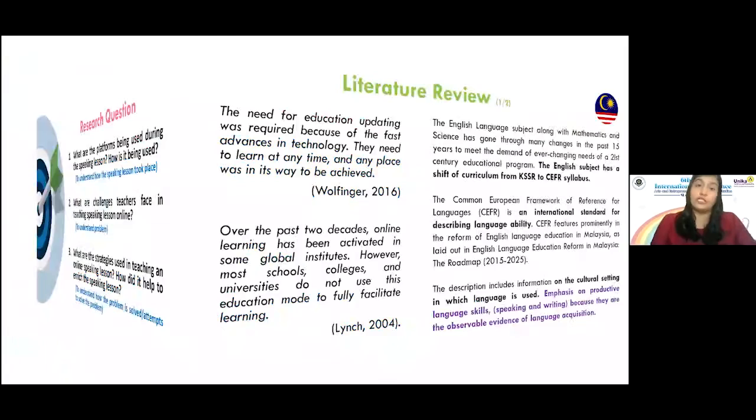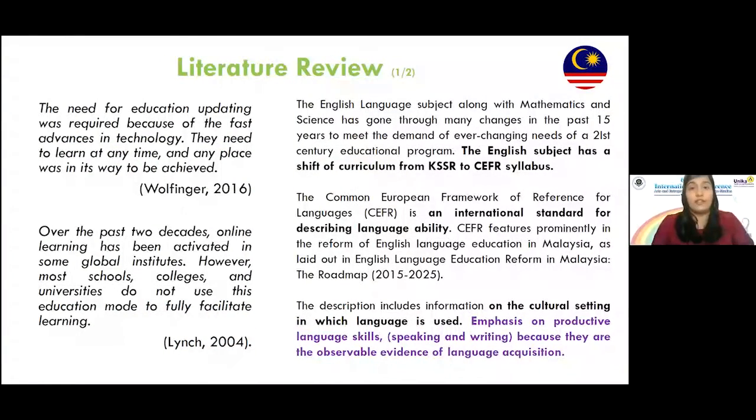All right, let's go to the literature review. I have an extensive literature review, but I have only picked and cropped a little bit here. So let's start with the technology part of it first. There is a need for education updating in the 21st century educational problems, and technology is needed to learn at any time, at any place, and it is a way to achieve that.